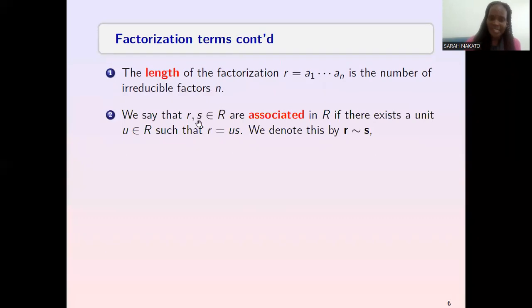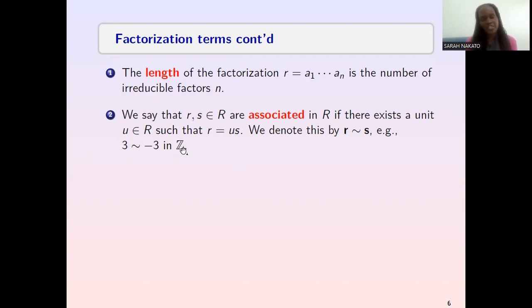And then we say that indeed r and s are associated, denoted by that, if they differ by a unit. If they differ by a unit, by multiplication. So those are associated elements. Right, for example, 3 and -3 are associated in Z, because like we said, the units in Z are 1 and -1.